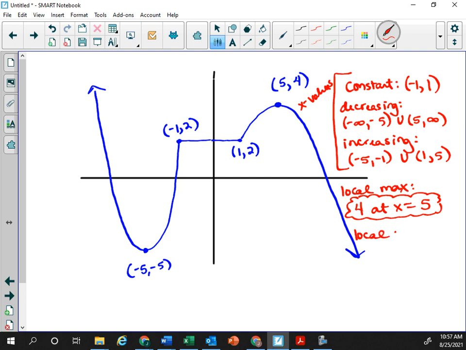What about a local minimum? And there can be more than one on certain graphs. If you have multiple maxes and mins, that's fine. There's only one on this one. What do we think for the local min? Yeah, go ahead. -5 at x equals -5. Perfect.